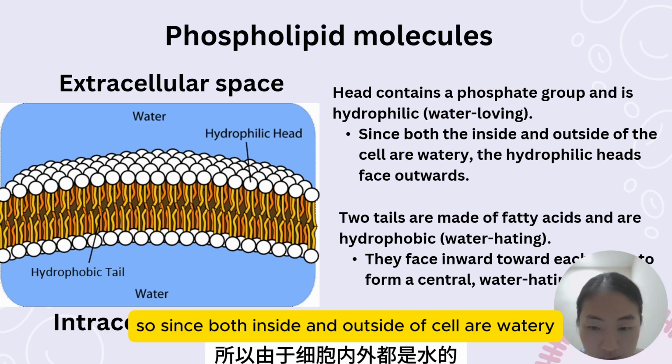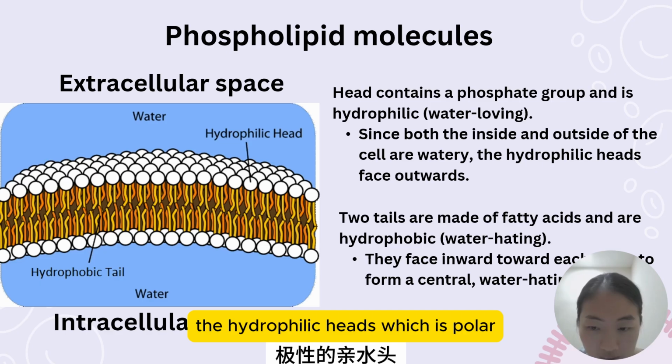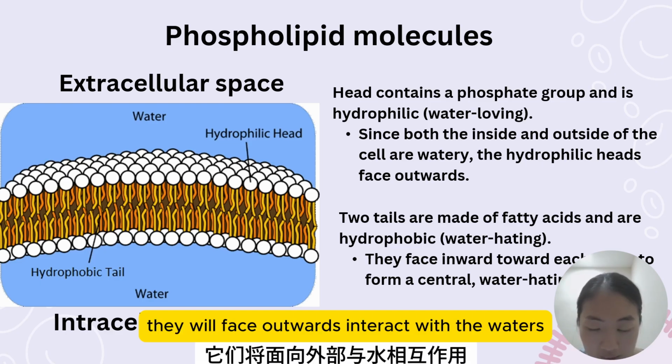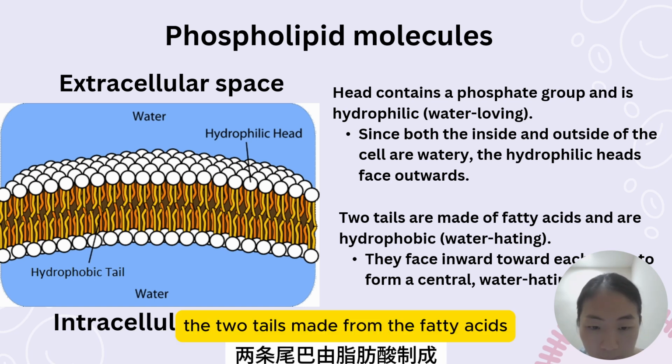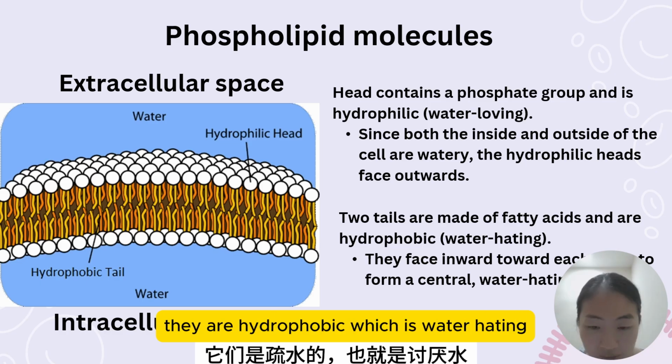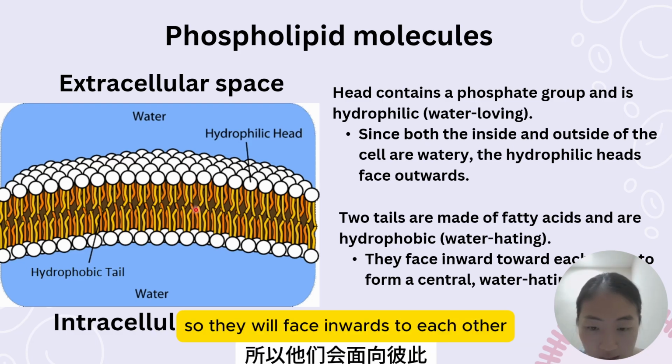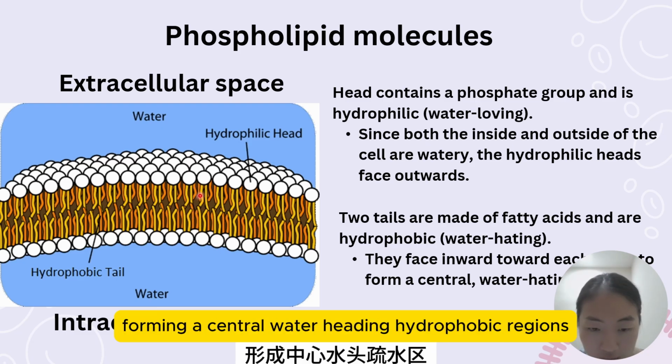Since both inside and outside of the cell are watery, the hydrophilic heads, which are polar, will face outwards and interact with the water. The two tails made from fatty acids are hydrophobic, which is water-hating, so they will face inwards to each other, forming a central water-hating hydrophobic region.